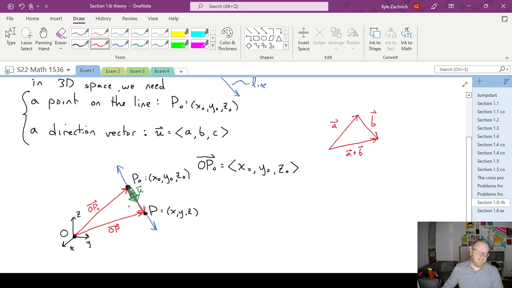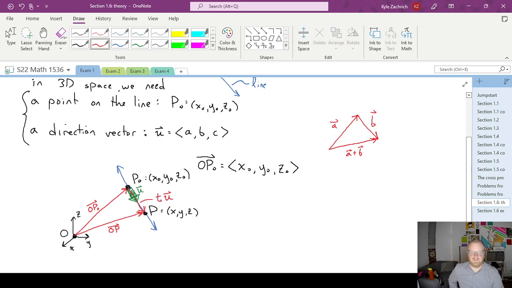So hopefully you can see what I'm going to do is add OP naught and add this vector here, which is going to be some scalar value t times u.